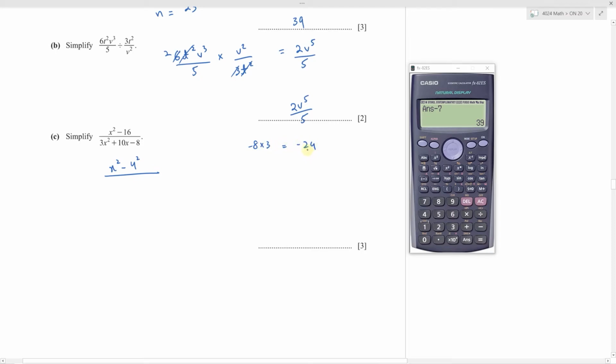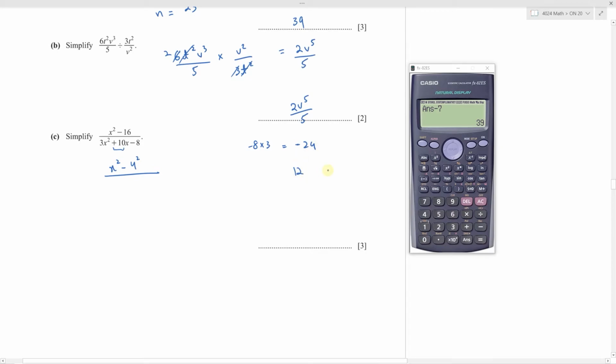So I'm looking for factors of 24 that if I subtract them, because this is minus, I need two factors that I subtract to get plus 10, the middle value. And if I multiply them, I should get minus 24.